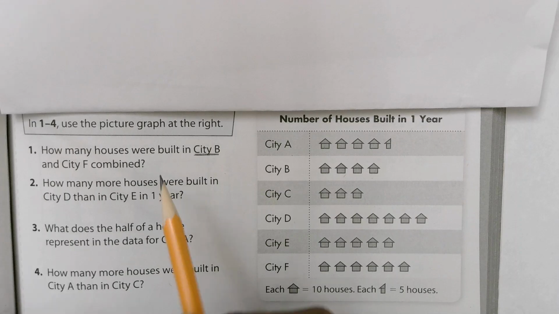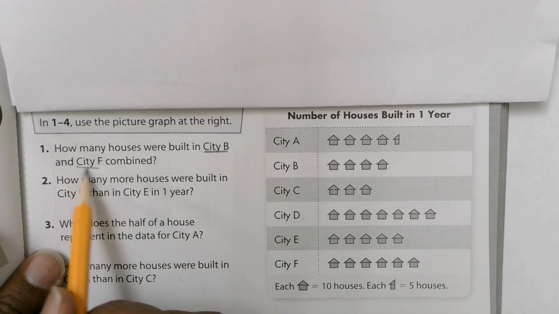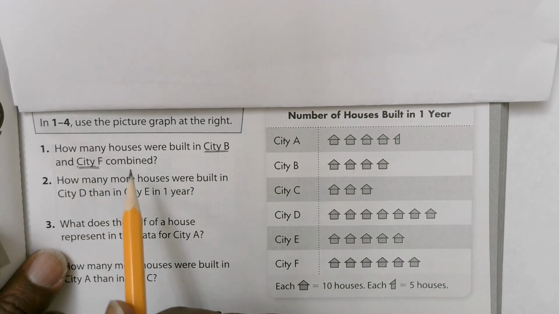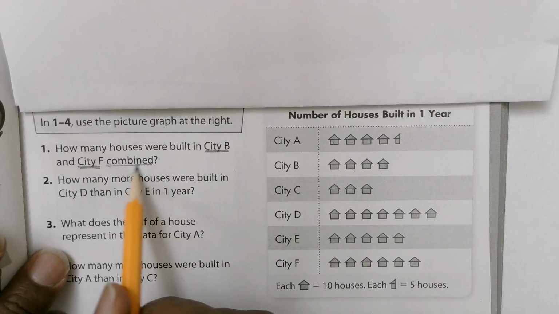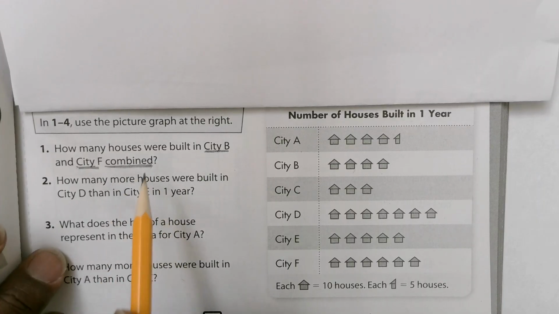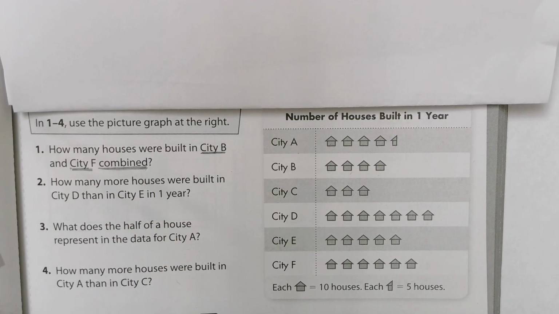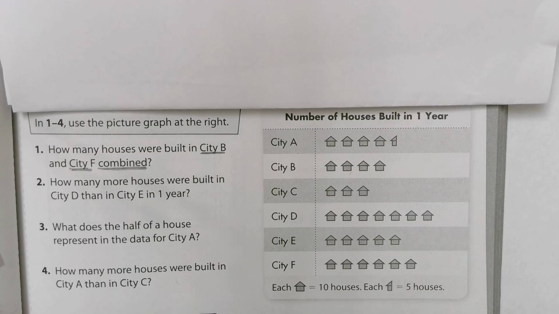City B and city F. It also says combined. Combined tells us to use one of four operations: adding, subtracting, multiplication, or division. But combined means we're putting these things together.